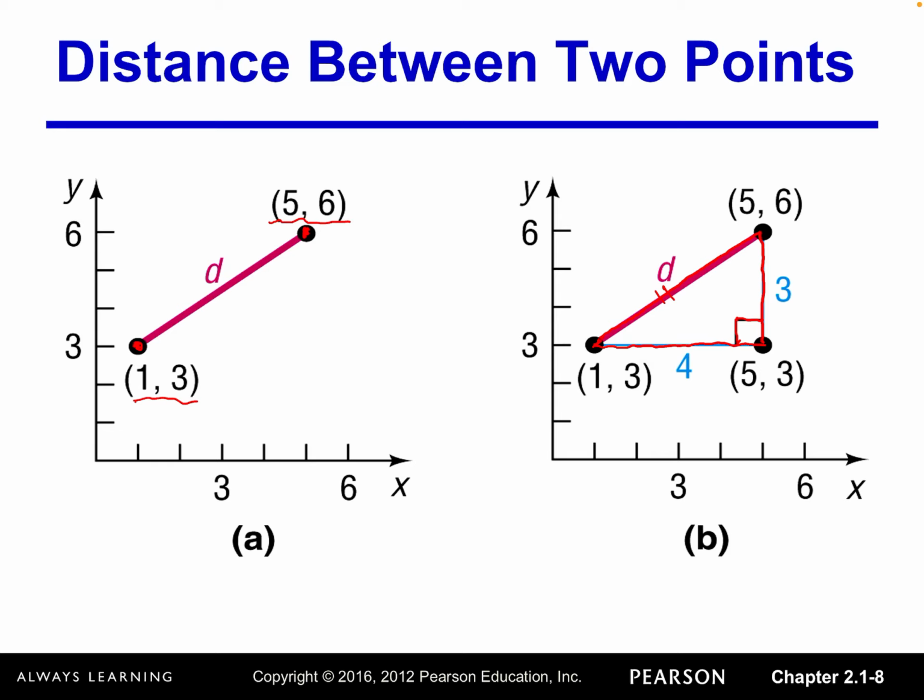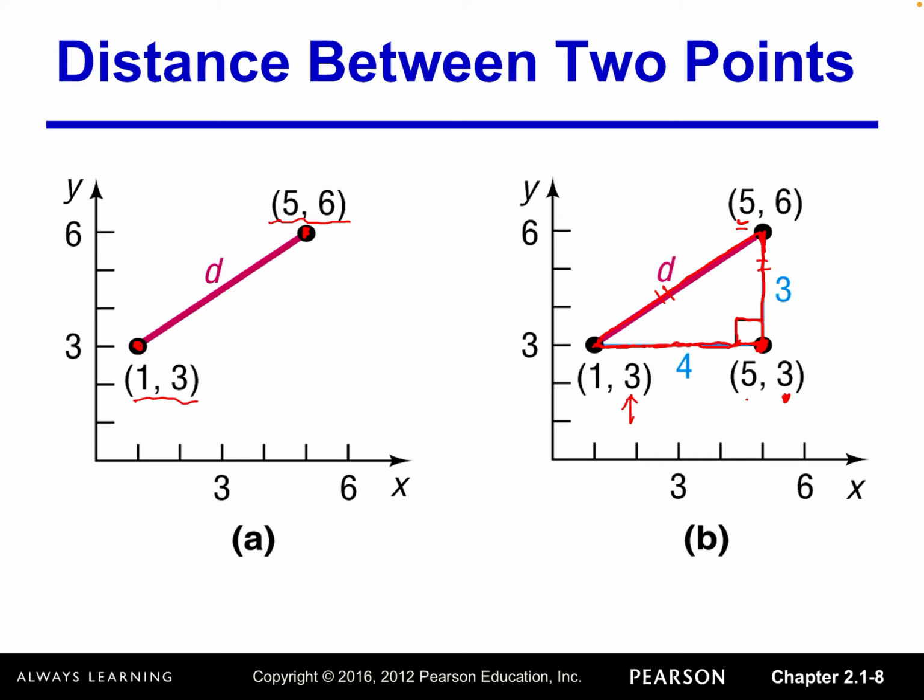We want to find the length of the hypotenuse. So in this right triangle, what are the two legs? Because this is a horizontal line, it should have the same y coordinate as the point (1, 3). And this is a vertical line, so this point should have the same x coordinate as the point (5, 6). That's why we can easily figure out this point's coordinates should be (5, 3).